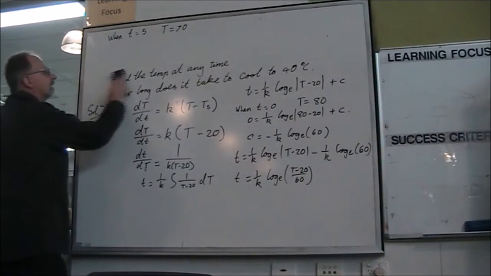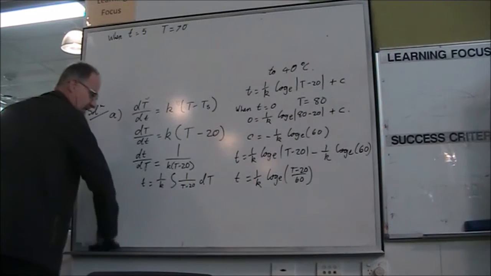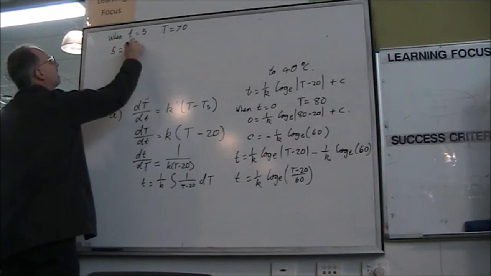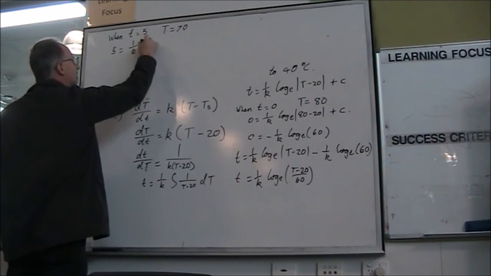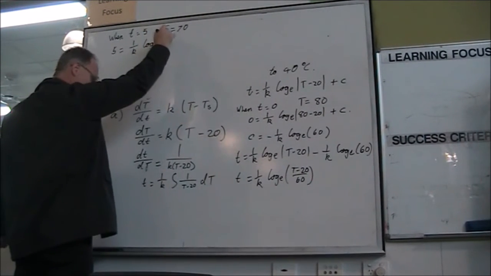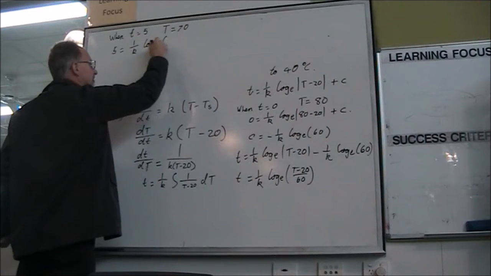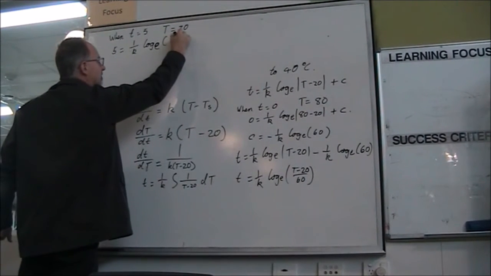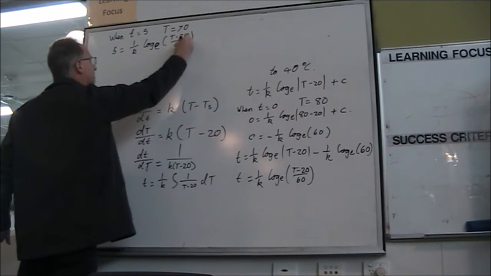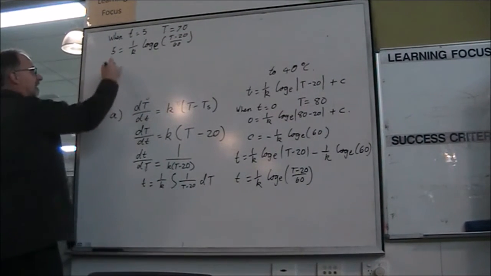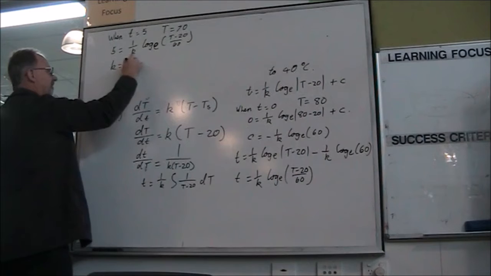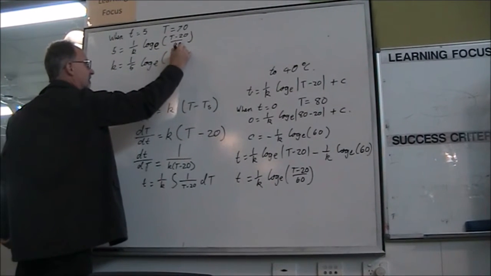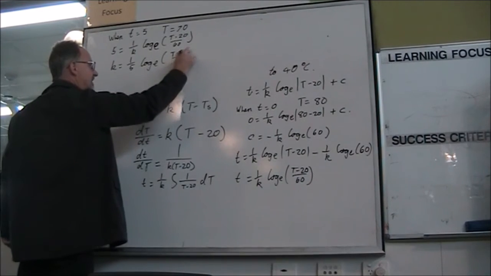All right, so 5 is equal to 1 on K, log to the base e of T minus 20 over 60. So K is 1/5 log to the base e, T minus 20 on 60.